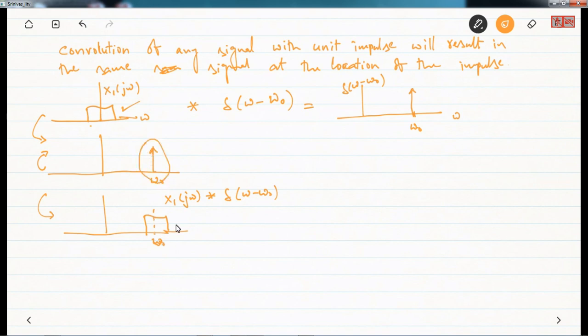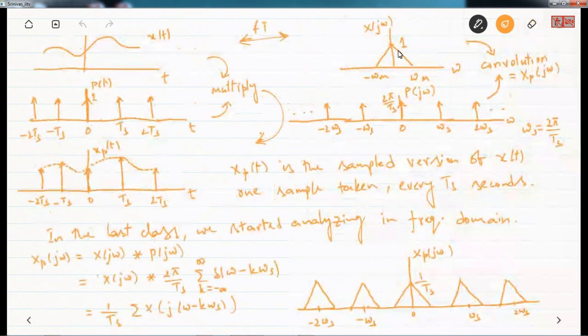See, that's exactly what we did here. So by following this property, when we convolve this X of j omega with P of j omega, this is the original signal. This reappears at the location of 0, at the location of omega s, at the location of 2 omega s.